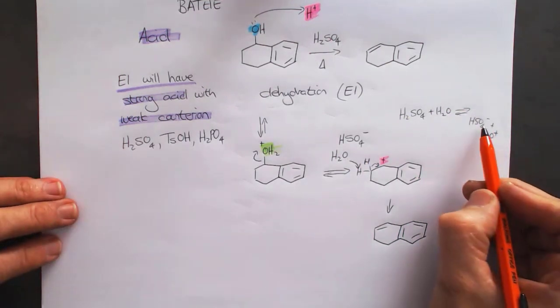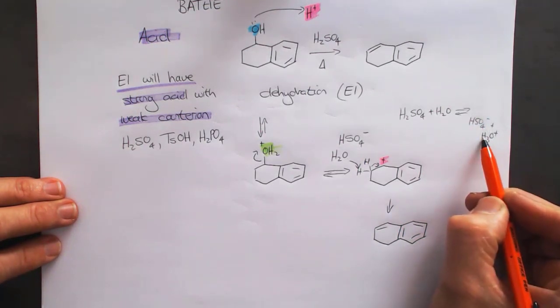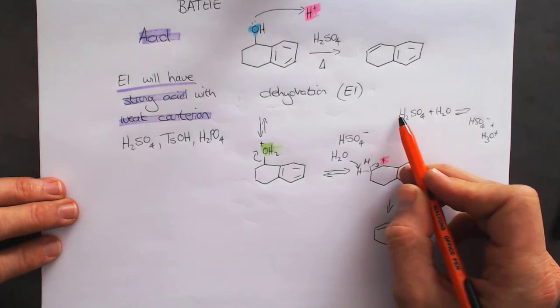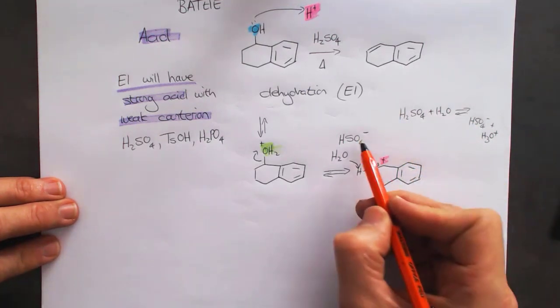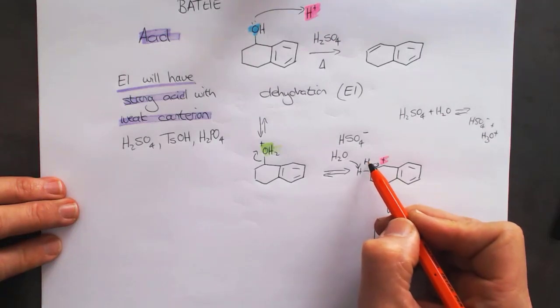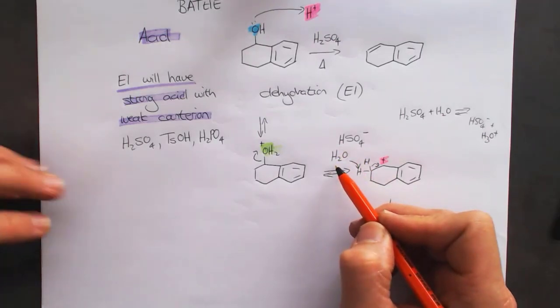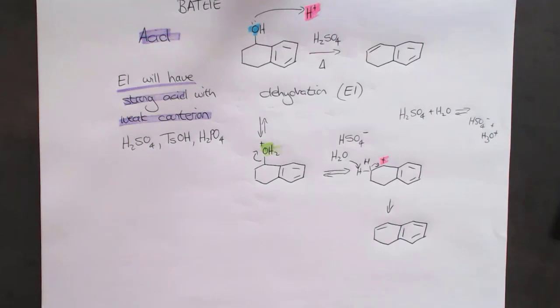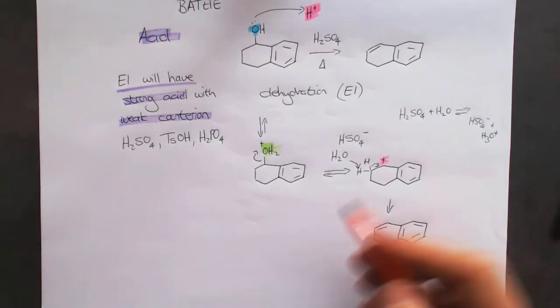So in other words, this conjugate base is not strong enough to pick up a proton to go back to H2SO4, which is why this conjugate base over here cannot pick up a proton. It's not ideal for that. It's actually much better for the water that left to do that part of the reaction. All right, so that gets us over there.